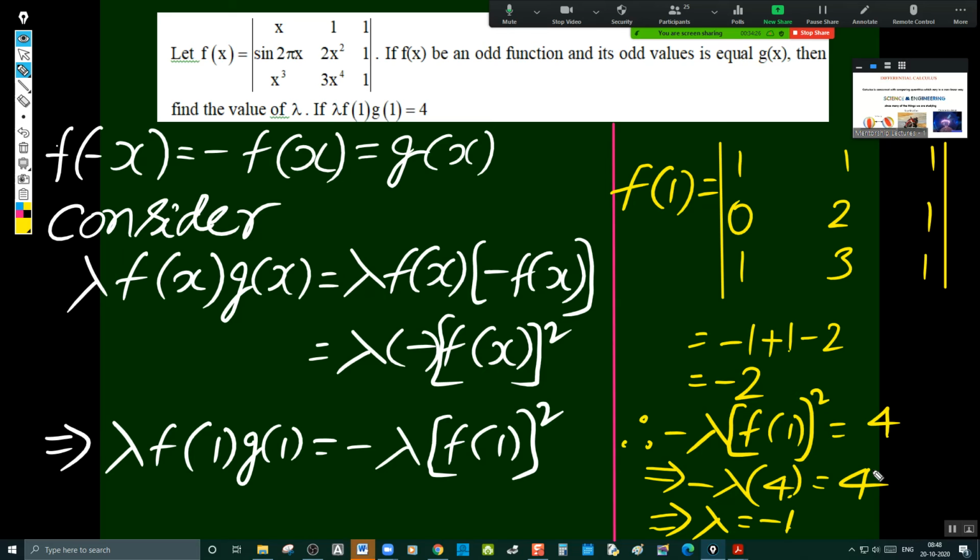Okay, I don't think this is right. It should be the value of mod lambda. Because lambda is equal to -1. Generally, in integer type questions, you don't get negative values. And hence it should be mod lambda in the question, I think. Let me check the answer once.